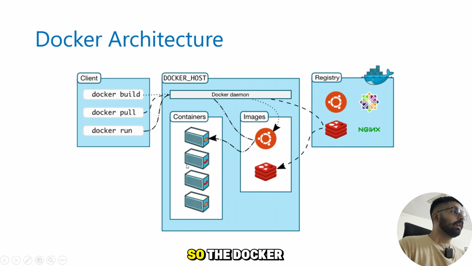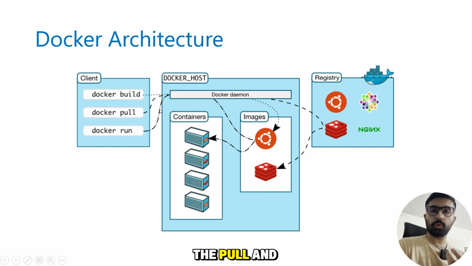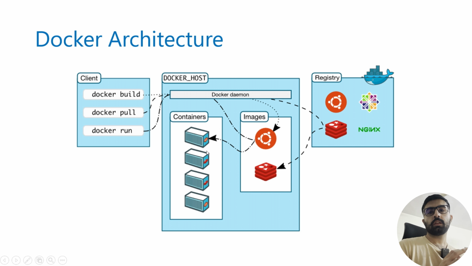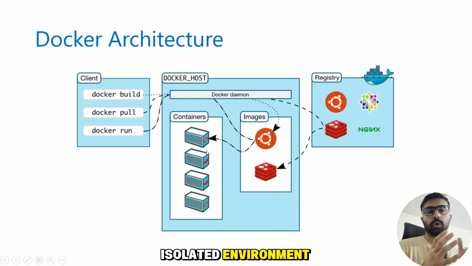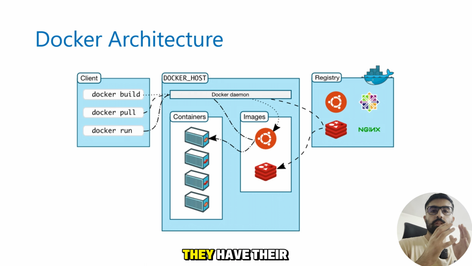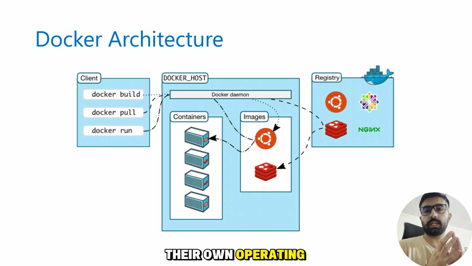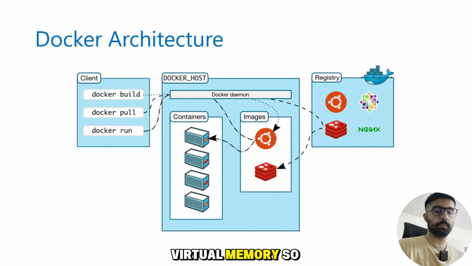The Docker daemon is responsible for the build, the pull, and the run from the client side, and the containers run inside a virtual isolated environment, which means your containers are totally secured. They have their own system, their own network, and of course their own operating system with virtual memory.